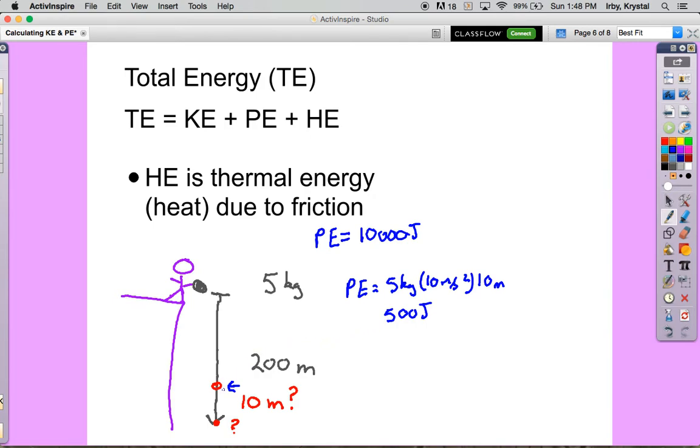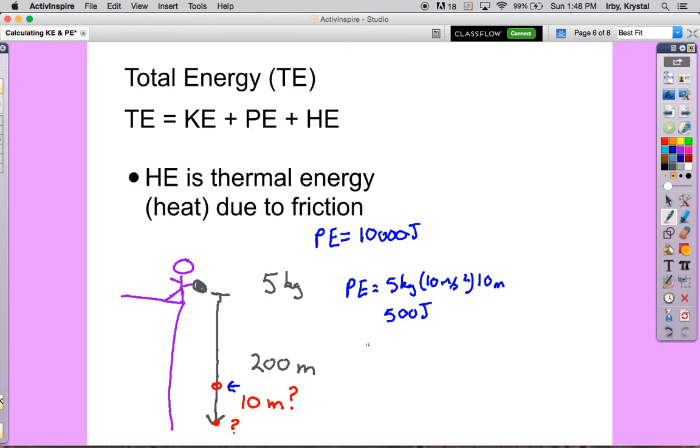So if I were to look at this rock right here at a height of 10 meters off the ground, it would only have a potential energy of 500 joules. But if I look at this equation, total energy equals the kinetic energy plus the potential energy, I'm going to ignore friction, so we're not going to have any heat energy in this particular problem.